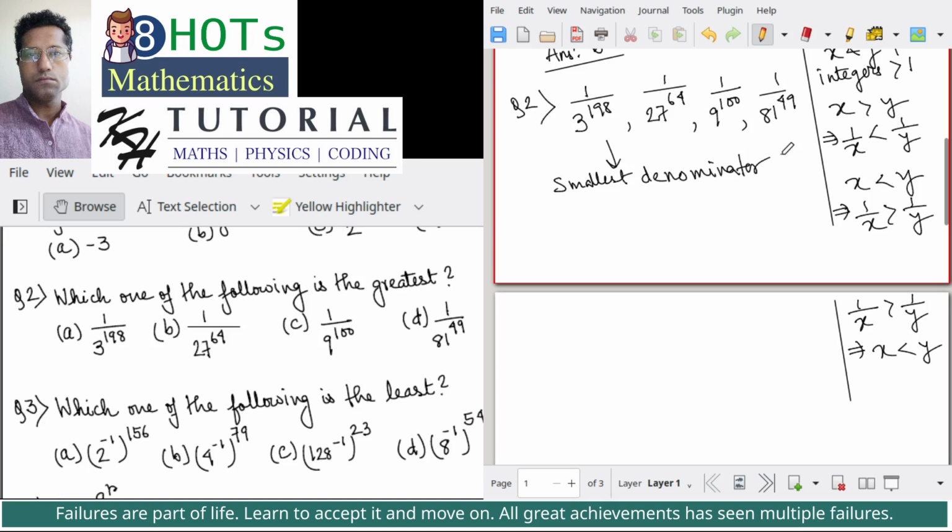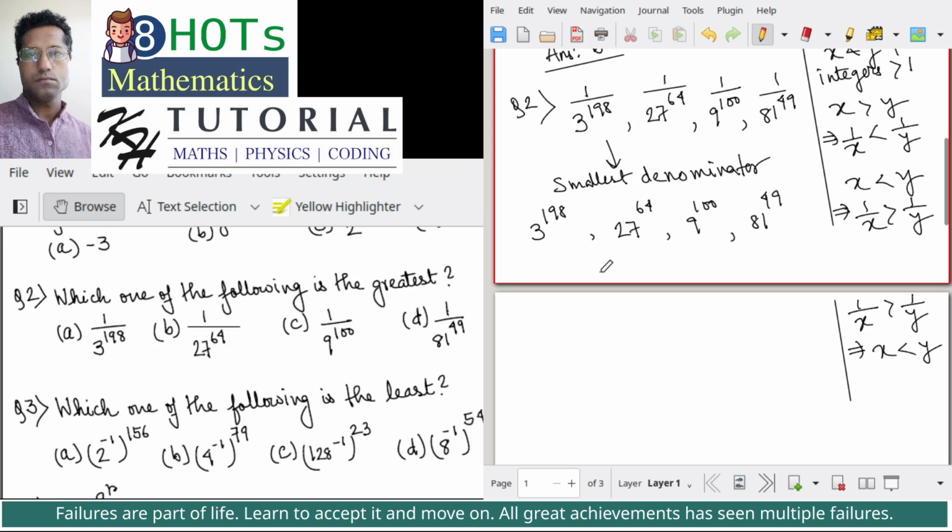So now the problem we have to solve is to find the smallest among the numbers 3 to the power 198, 27 to the power 64, 9 to the power 100 and 81 to the power 49. Whichever is the smallest, then definitely the reciprocal of that smallest number will be the greatest. Okay.